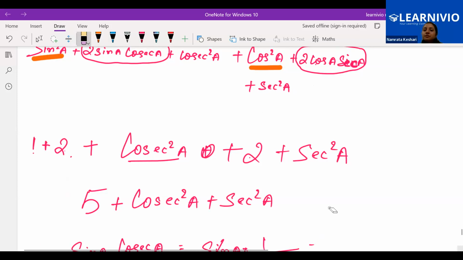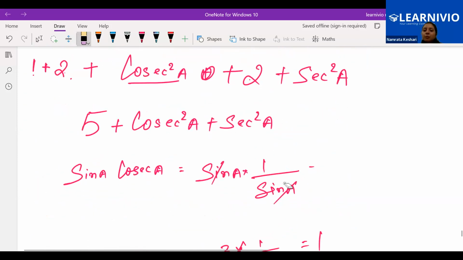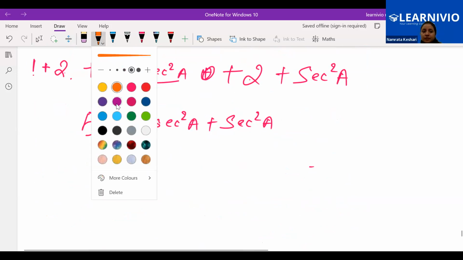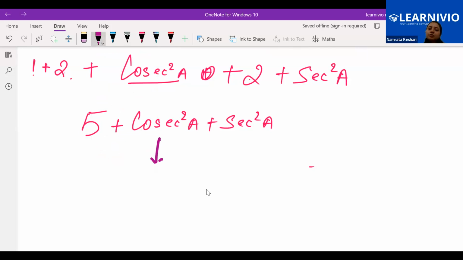We have to prove tan and cot. From cosec and sec, is it possible to make tan and cot? Yes. How? By using the identity. What can be written for this cosec A? There was identity number 1, sine square plus cos square is equal to 1, A or theta, whatever.